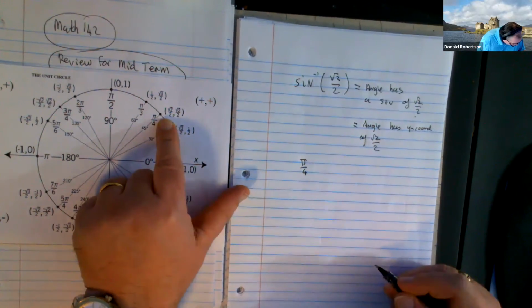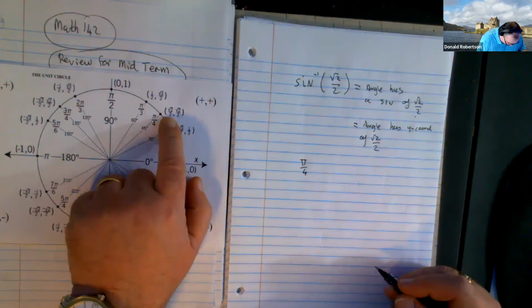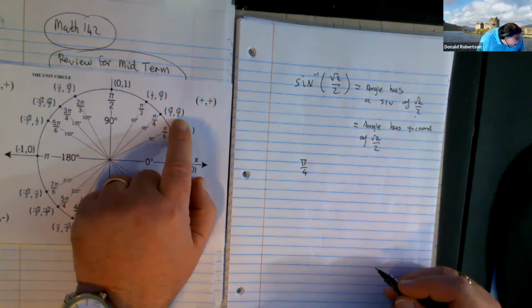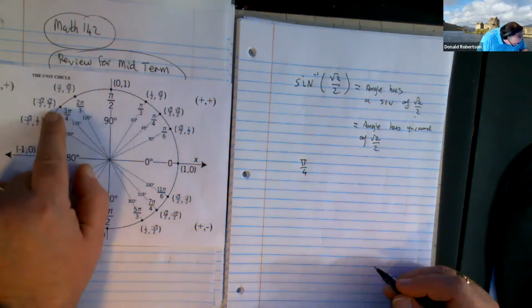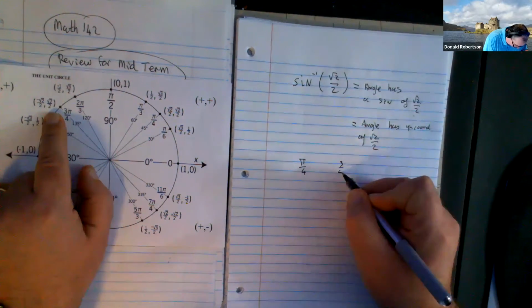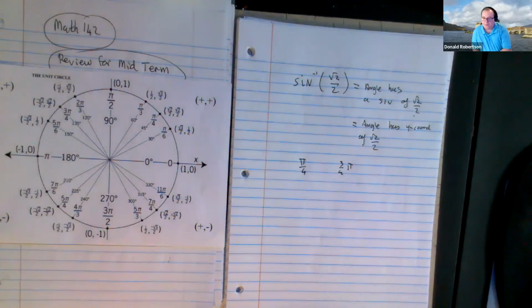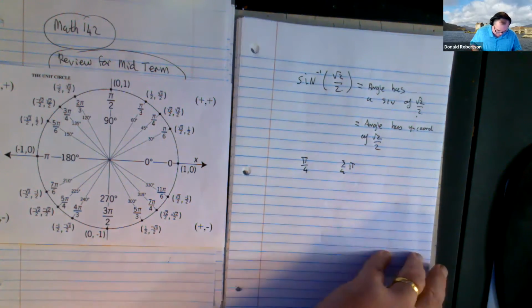If I look at my unit circle, would you agree that there are 2 possible answers? Pi upon 4 has a y coordinate of root 2 over 2, and the other one is over here, and that's 3/4 pi. But only one is correct. To do that, you need to know the range of values that you're allowed for the inverse trig function.